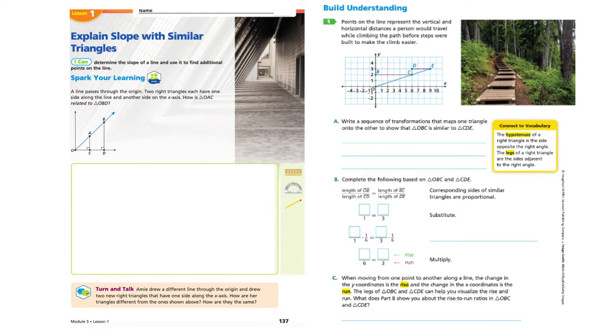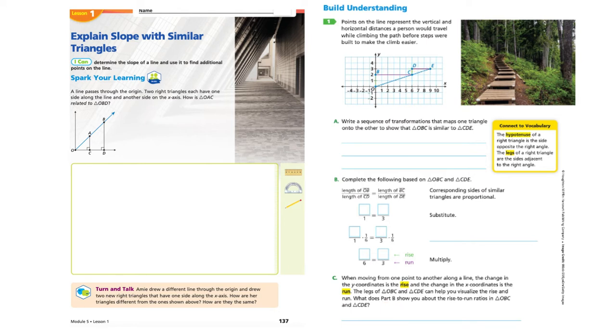And then C, it says when moving from one point to another along a line, the change in the y-coordinates is the rise, and the change in the x-coordinates is the run. The legs of triangle OBC and triangle CDE can help you visualize the rise and run. So remember, these are the legs in each of these two triangles that can help you visualize the rise and the run in each case.